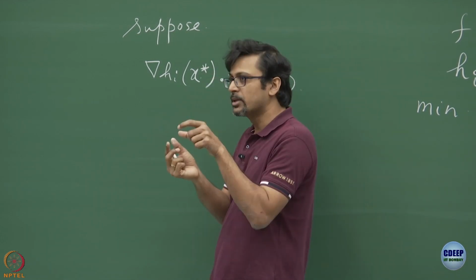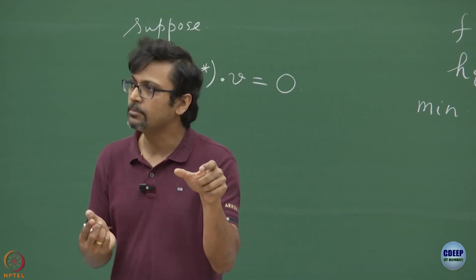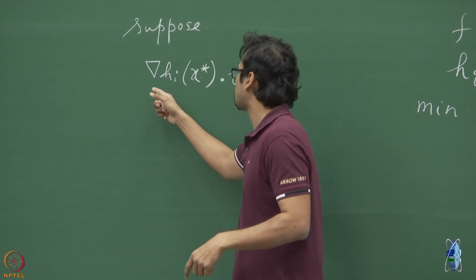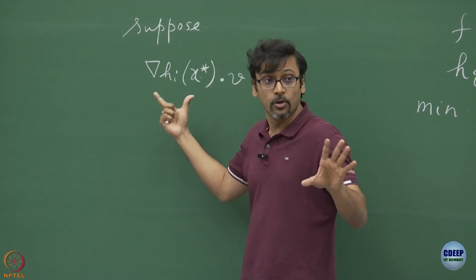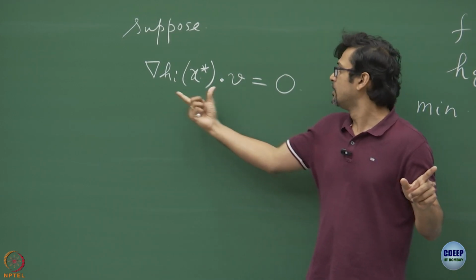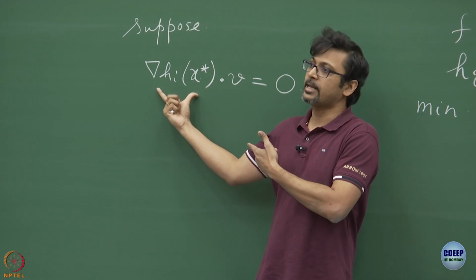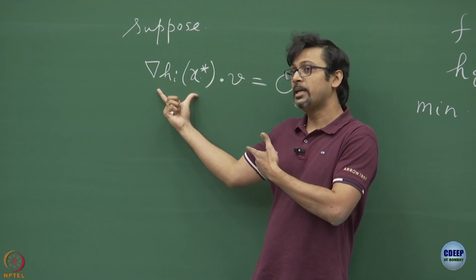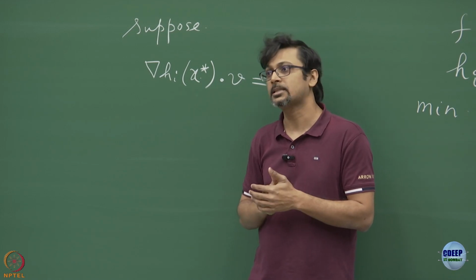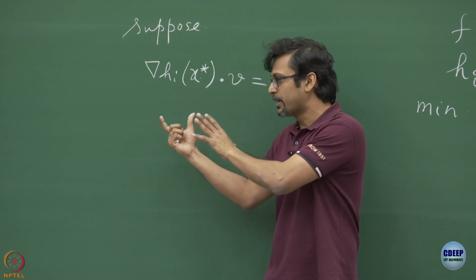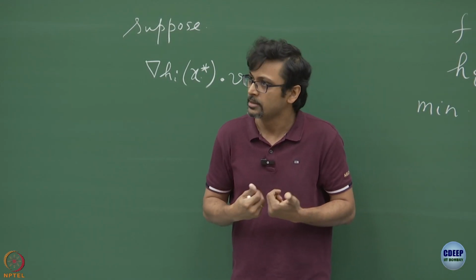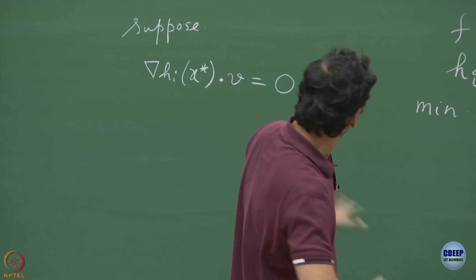If there are m constraints, then there are n minus m degrees of freedom, and those directions are the orthogonal complement of these gradients, provided the point x star was regular, meaning the grads of these h_i's evaluated at x star must not be linearly dependent. They must span an m dimensional subspace, so that their orthogonal complement is n minus m dimensional. That is the intuitive understanding we gave instead of proving this.